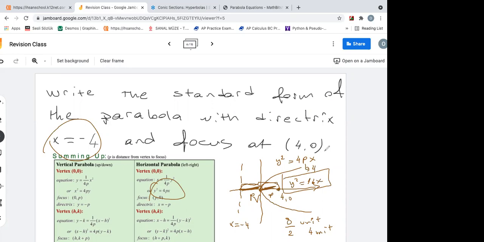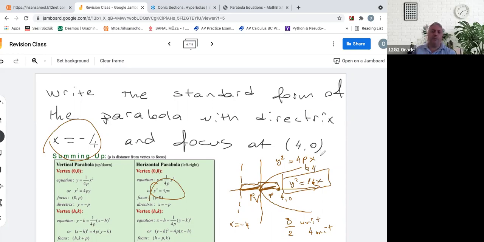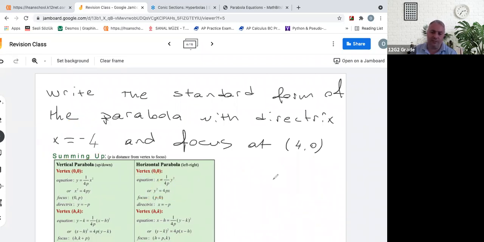No, sir. Okay. So this is correct if the vertex is exactly at 0, 0. But imagine if my vertex is here, let's say, or any number.